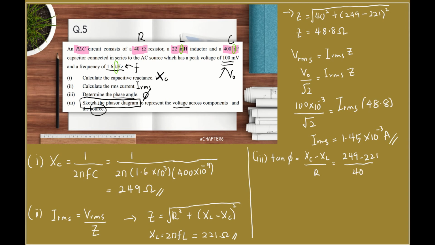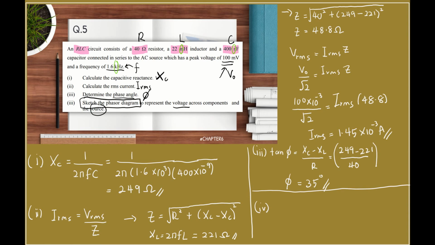Then you press shift tangent on your calculator, and your phi is supposed to be 35 degrees.